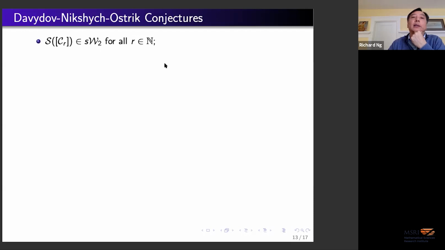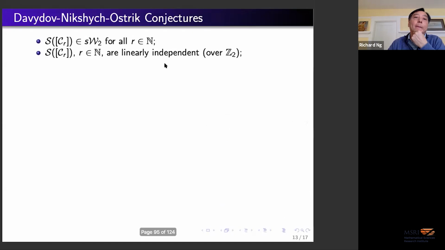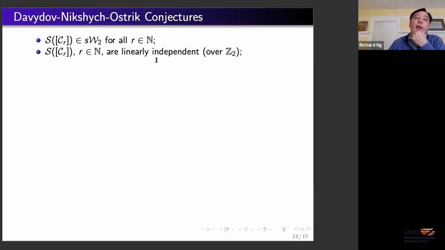This one, I still don't know whether it's true or not. In general, or even a big part. The second one is that they are linearly dependent over Z2, of course, because they form an elementary 2-group. So therefore, either it is finite or they could be dependent. I don't know. But this is what they conjecture.